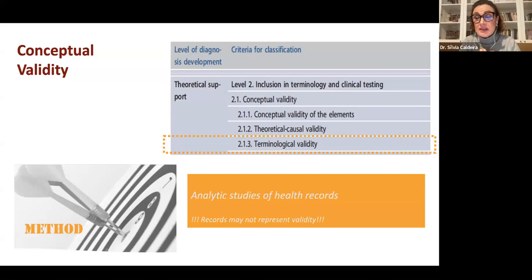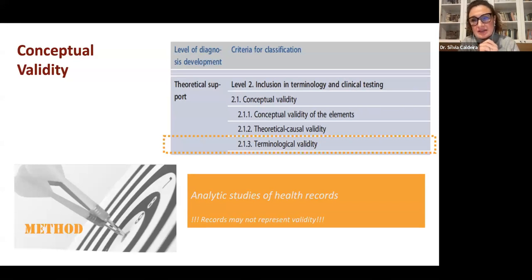By doing this, we can think on developing nursing studies or research on analytic studies of health records. And it's important for me to share with you that there are several studies from different countries around the world on that analytical perspective and point of view of nursing records, trying to analyze nursing diagnosis and find more details on the different elements of nursing diagnosis. But mind this, records may not represent validity.